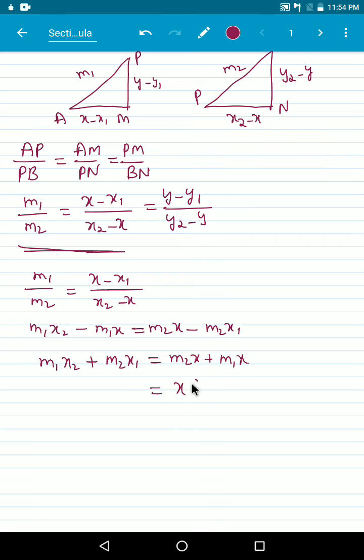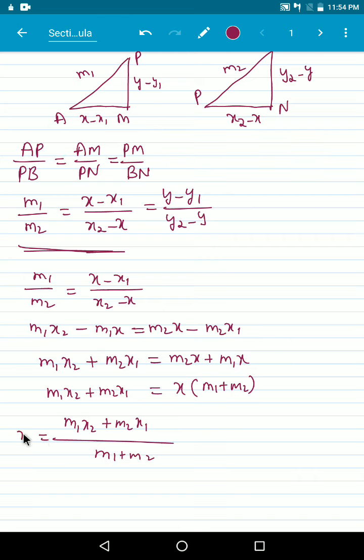If you take x common, we will have m1 plus m2, and here m1 x2 plus m2 x1. So from here we can find the value of x: m1 x2 plus m2 x1 divided by m1 plus m2. So this is the value of x.